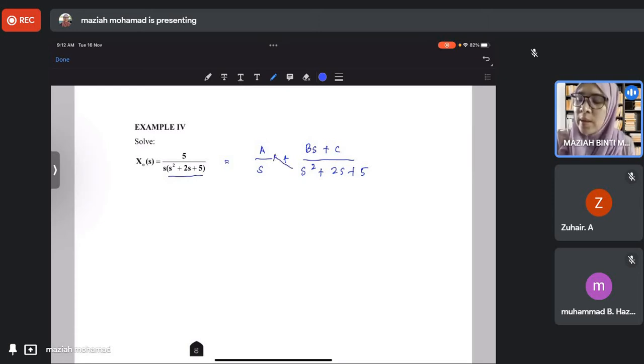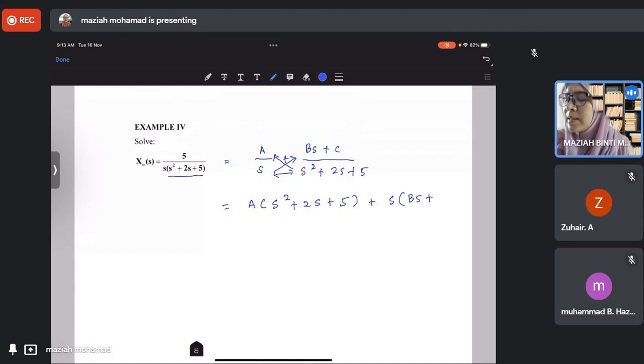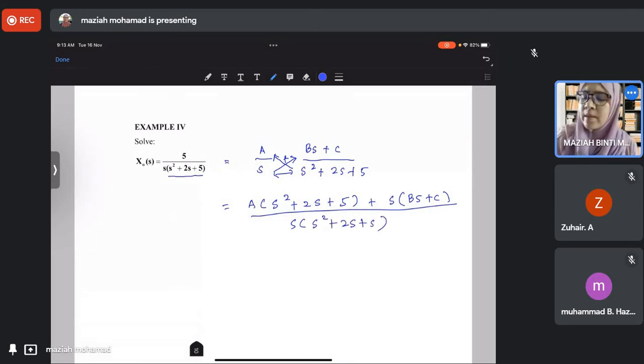We're going to expand this here. So you're going to have A multiplied with S square plus 2S plus 5, and then S multiplied with BS plus C, divided by S square plus 2S plus 5, which is similar to this form here.